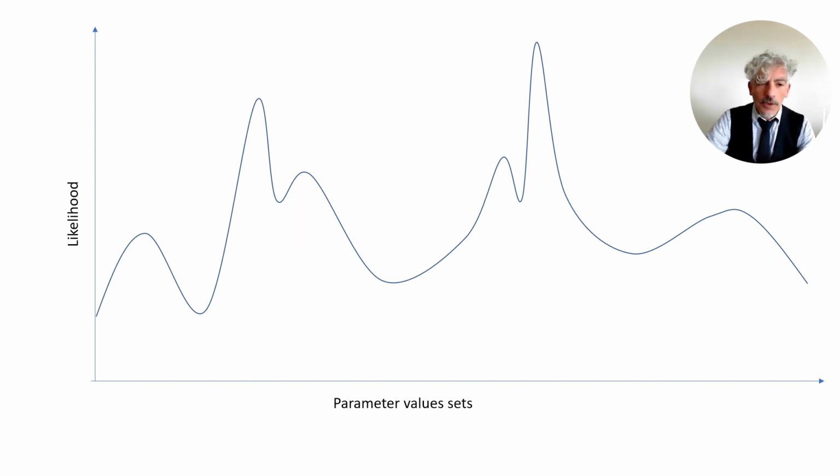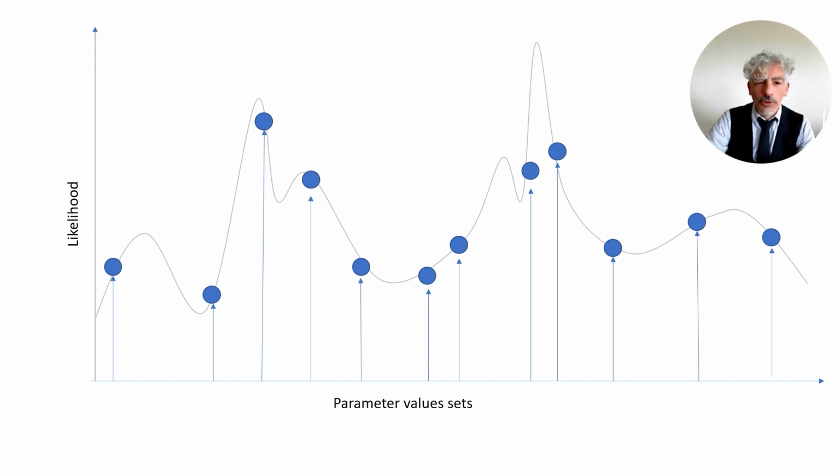And so the algorithm tries to do that by drawing parameter values at random and then checking the likelihood associated with these parameter values. So here, these points on the x value correspond to different sets of parameter values drawn at random. And the dots represent the likelihood associated with these parameter values.